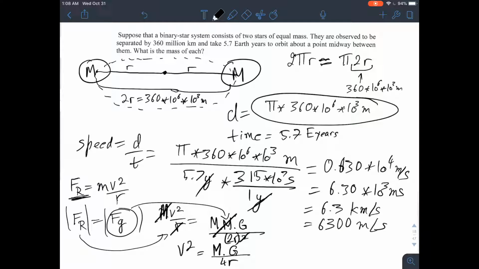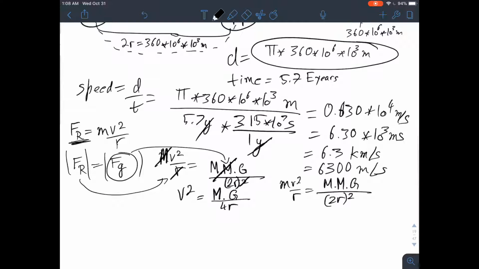If I did a bad job of that, I'll just start again. Force of radial, what's the equation of that? mv squared over r. Gravitational: mass times mass times G over the distance between the two objects, which happens to be 2r squared. And if you carry on with that, mv squared over r equals capital M times m times G over 4r squared.